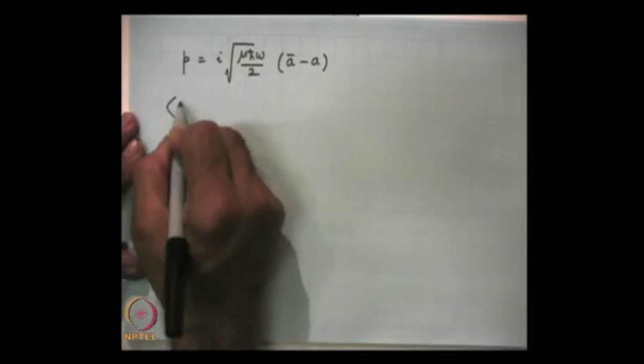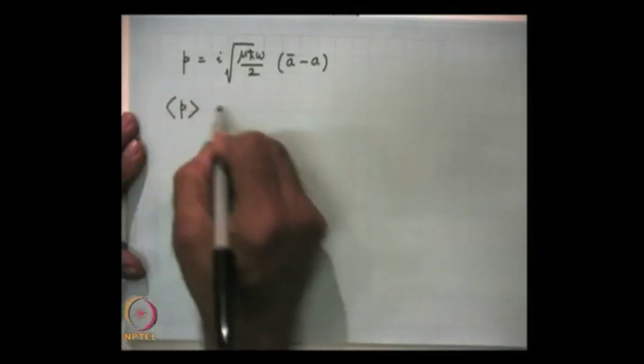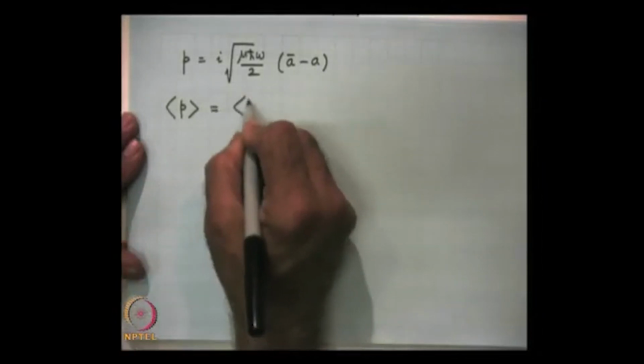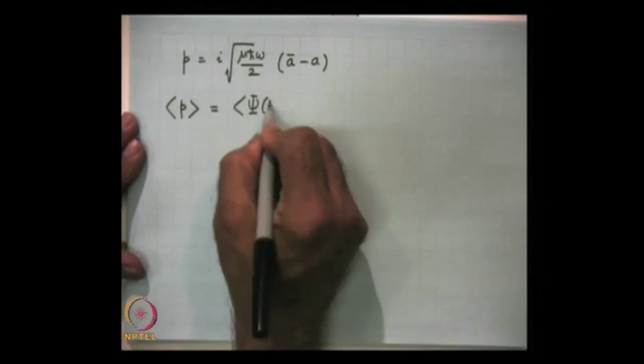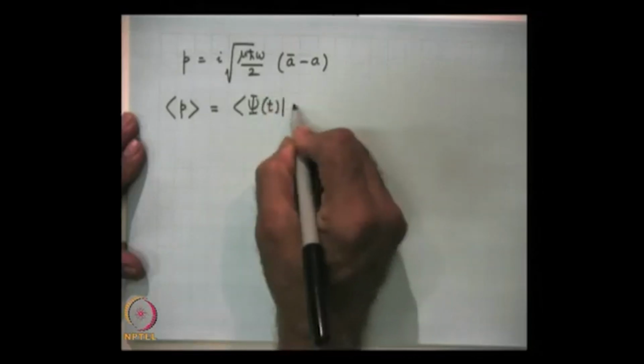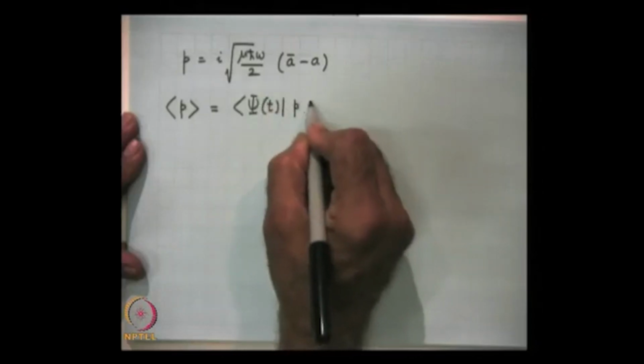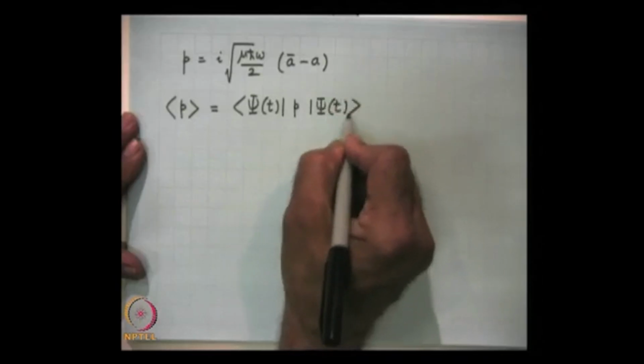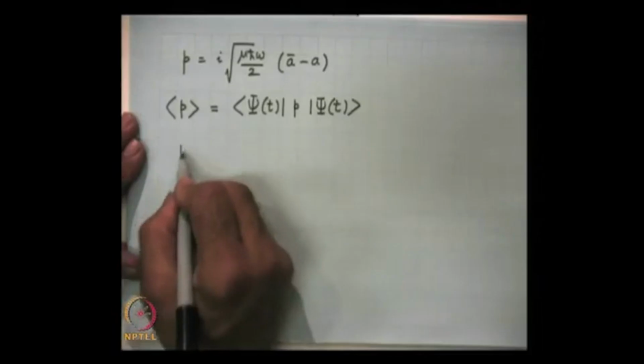If I want to find out the expectation value of P, then this will be bra psi t P and then ket psi t. This is the expectation value, and we know what is psi t.